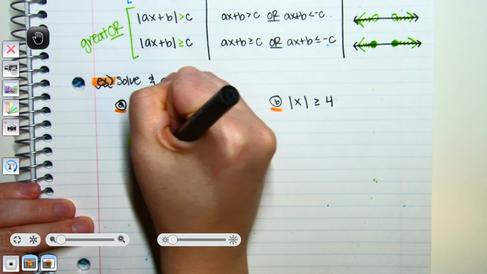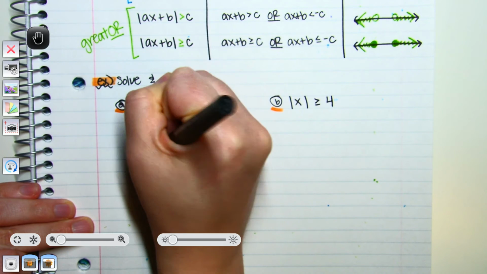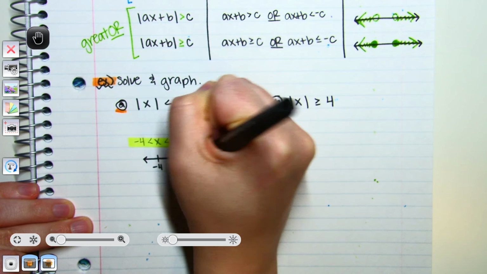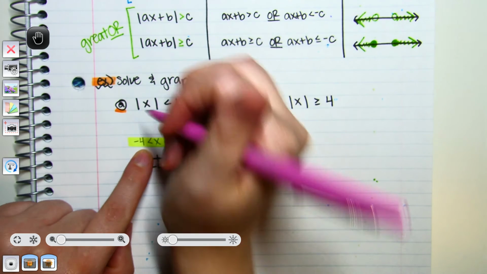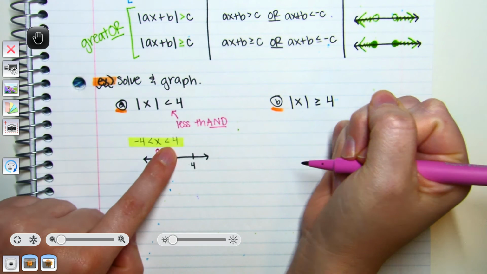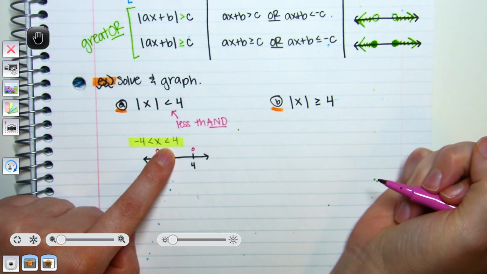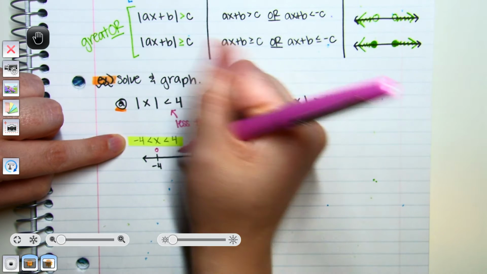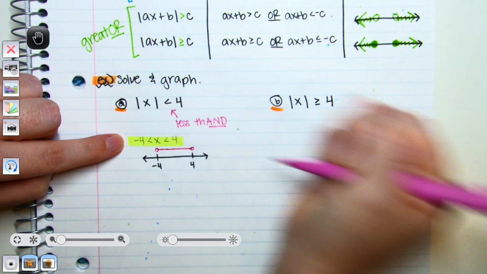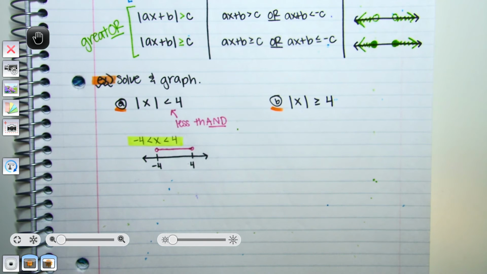And then when we graph this, I'll put a point at 4 and -4. It will be an open circle at -4, an open circle at +4, and x is literally written in between 4 and -4. So the answer is literally everything in between -4 and 4.